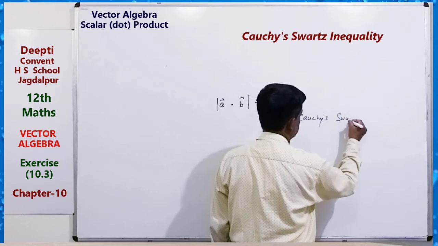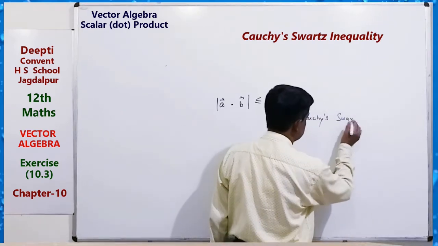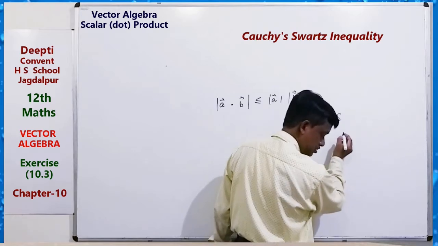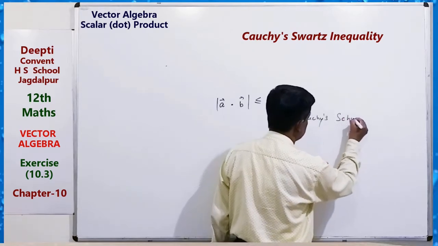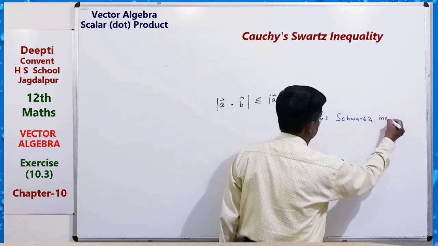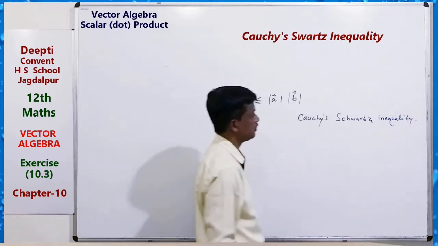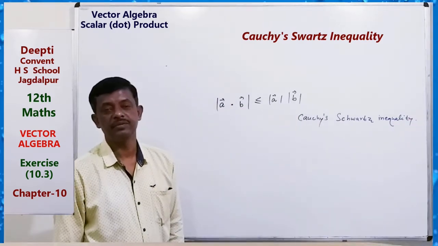Cauchy's inequality, where A and B are non-zero.